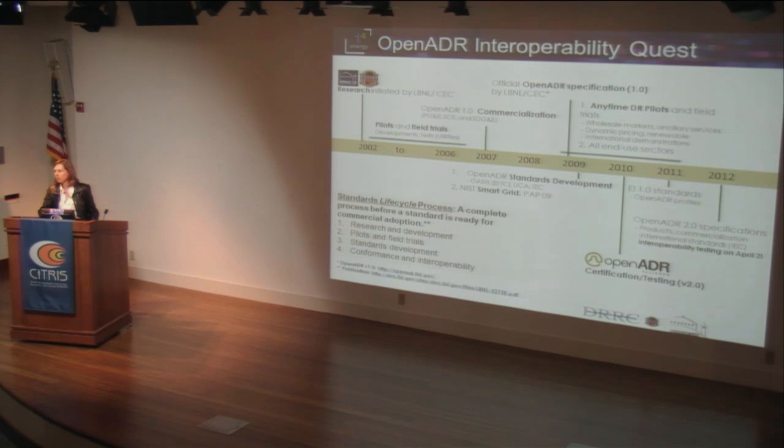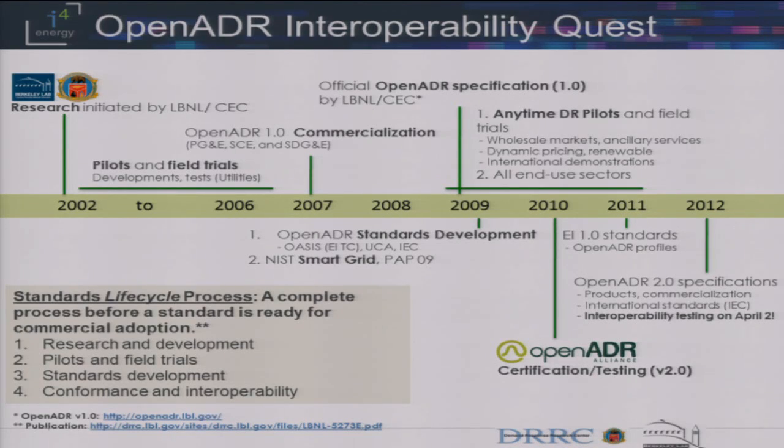So many vendors are now building 2.0 clients, and 2.0 has formal compliance and certification testing that 1.0 did not have. So it is something that a utility can specify, and the control systems they would buy would be compliant OpenADR 2 systems.